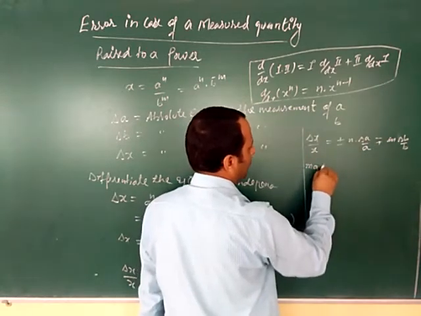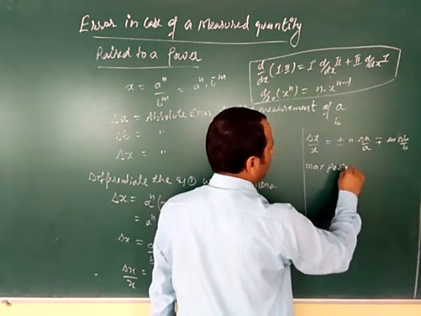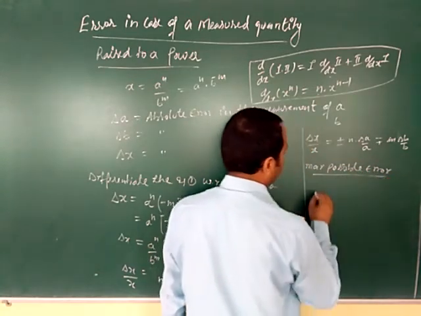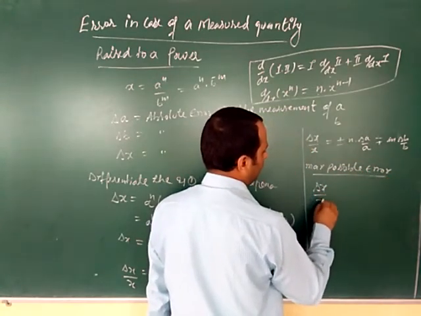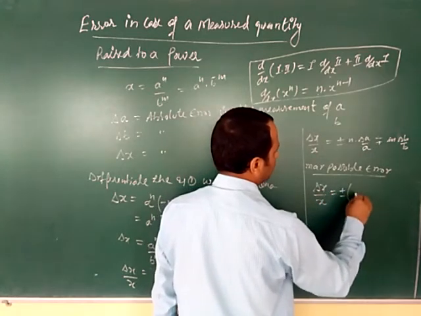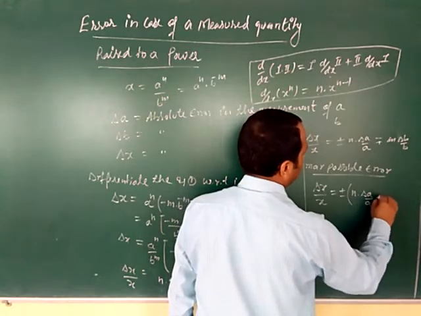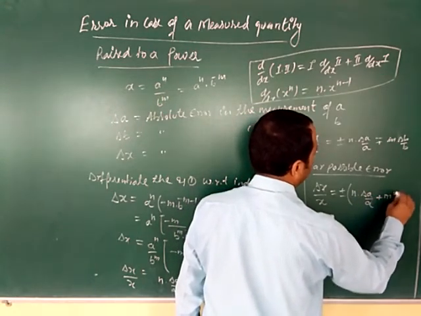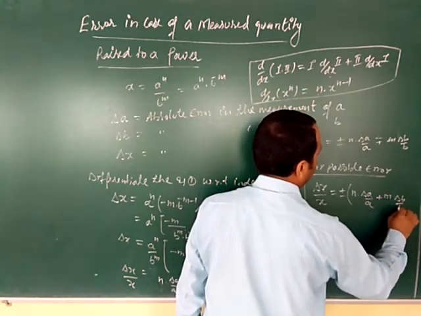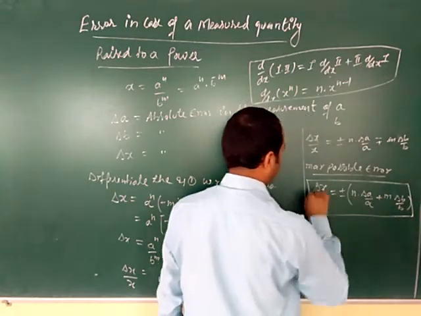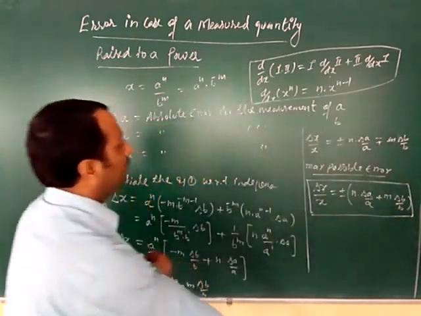So the maximum possible error is how much? Delta x upon x is equal to plus minus n delta a upon a plus m delta b upon b. This is the maximum possible error.